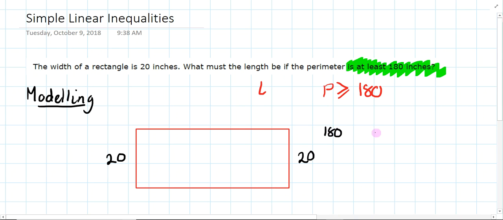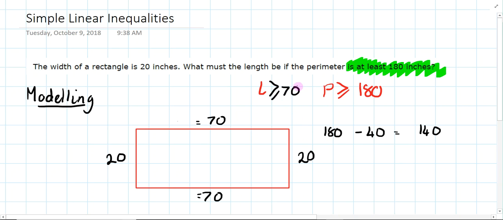So we've got 180 minus the 40, which is 100. Then you would divide that by 2, because there's two sides. So the length would equal 70. But because it's at least, you would say the length is greater than or equal to 70 inches.